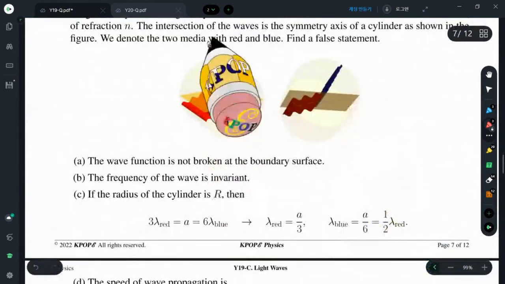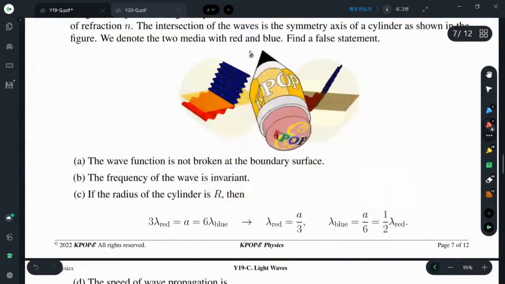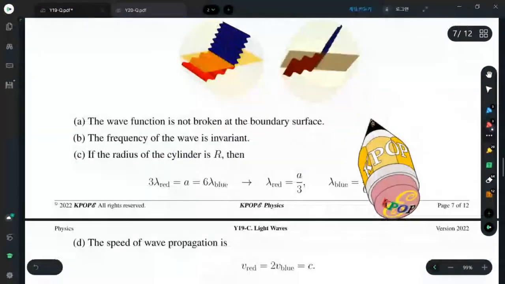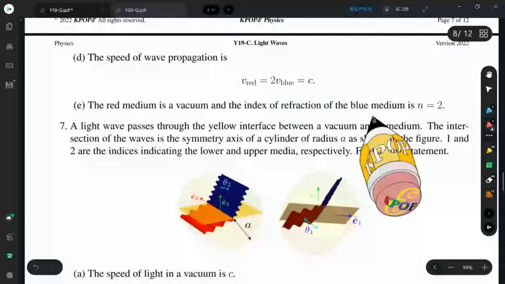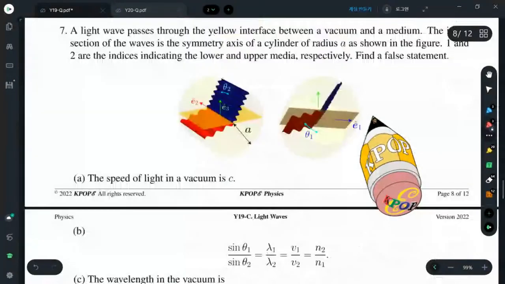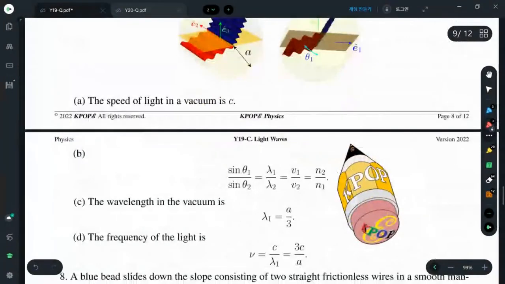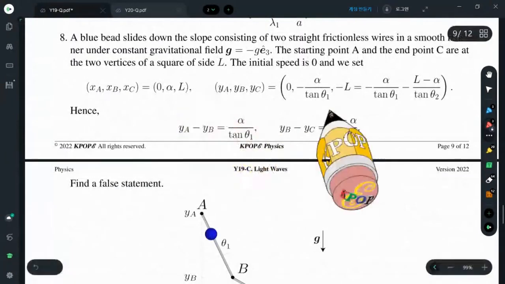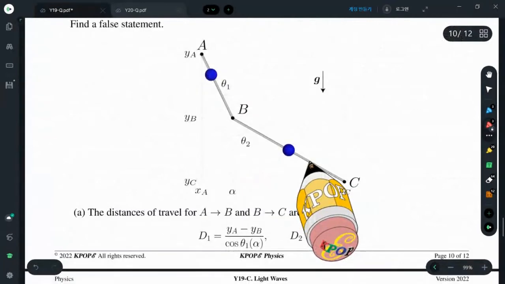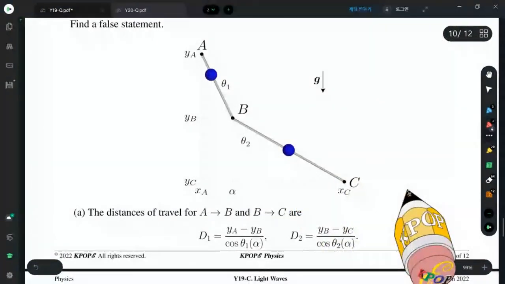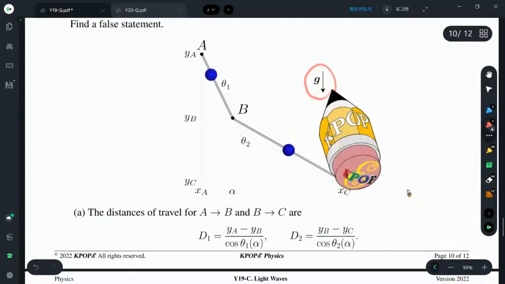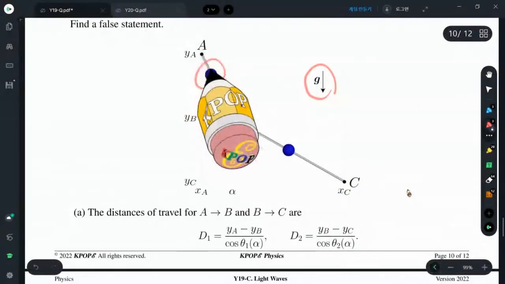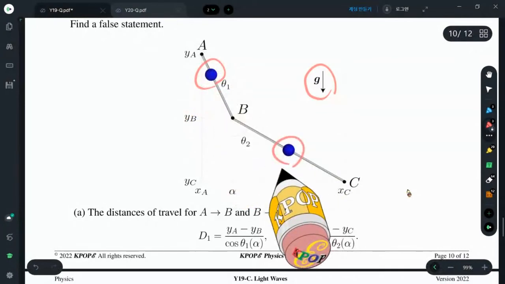So example 6 is a simple application to check whether you understand Snell's law. And another example. And example 8 is a non-standard example. There is gravitation, and we know there is sliding down without friction, so the velocity changes.